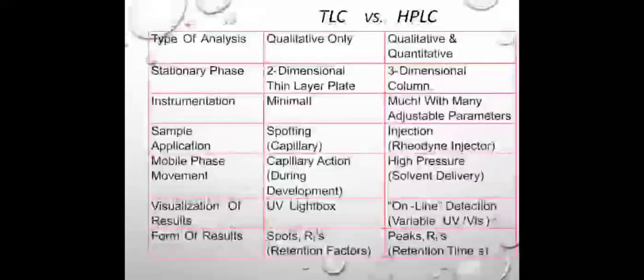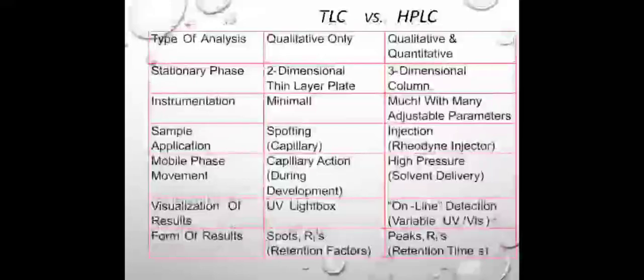That means TLC is used to determine whether a particular constituent is present in the matrix and to separate them. But HPLC is used for both quantitative and qualitative purposes. That means it can identify as well as measure the constituent.